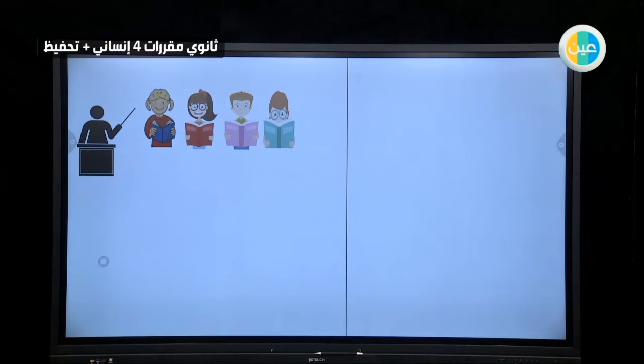We can see a teacher who is speaking to the whole class. We can see here a teacher and the students. Actually, there are 4 students. "All of you read the story."